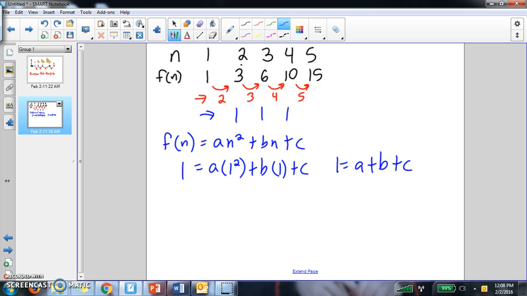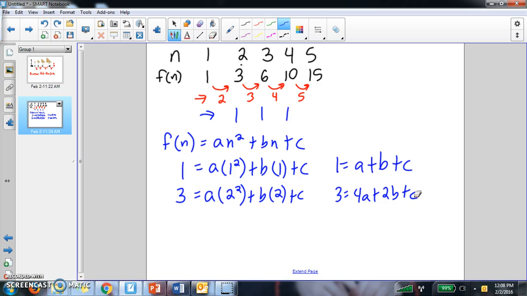Now I can go to the second sequence, where I know that there is 3 dots, and I'm going to be looking at the second figure plus b times 2 plus c. So I know that 3 is equal to 4a plus 2b plus c. Now since I have 3 variables, I need to do a third equation.